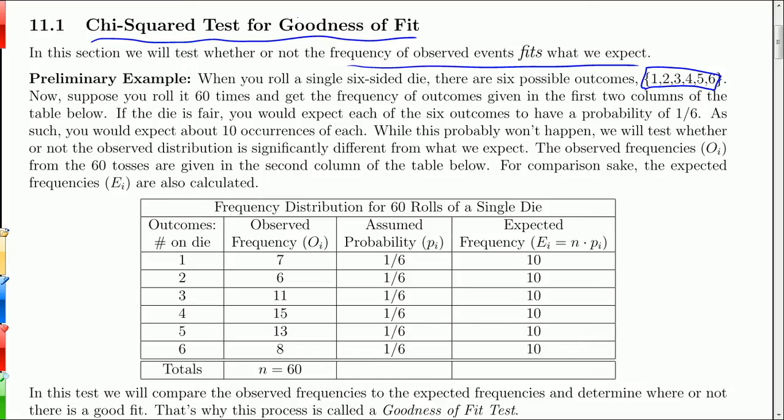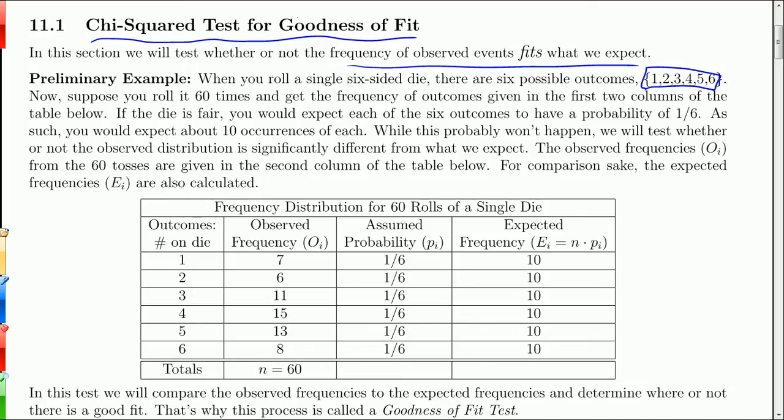Now, if this is a fair die, you would expect the probability of each one of these outcomes to be 1/6. And so, if we roll a fair die 60 times, we would expect 1/6 of them, or 10 ones, 10 twos, 10 threes, 10 fours, 10 fives, 10 sixes. These are the expected outcomes, and of course that's not going to happen exactly, because there's random variation.